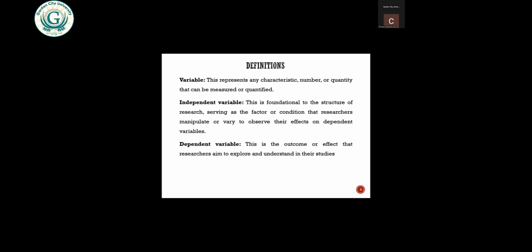But what has affected the taste of that stew is the amount of pepper you added, the amount of spices, the amount of meat, the amount of other ingredients. So all these things that you are putting into the stew to prepare the final stew, that is your independent variable. Whilst the final outcome, the final stew, is your dependent variable. The outcome of your stew depends on the ingredients you have added.